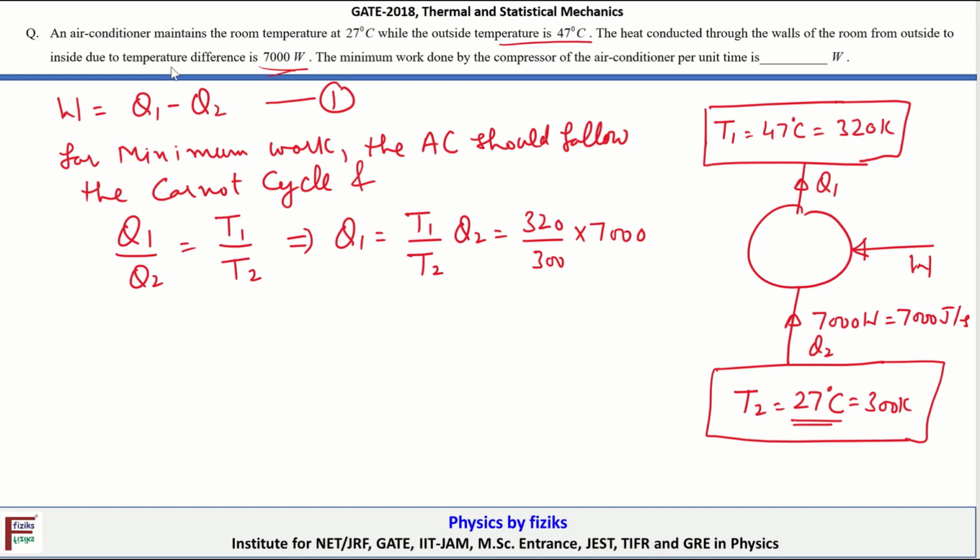So that means Q1, after doing the calculation, comes out to be 7466.66 joule per second.